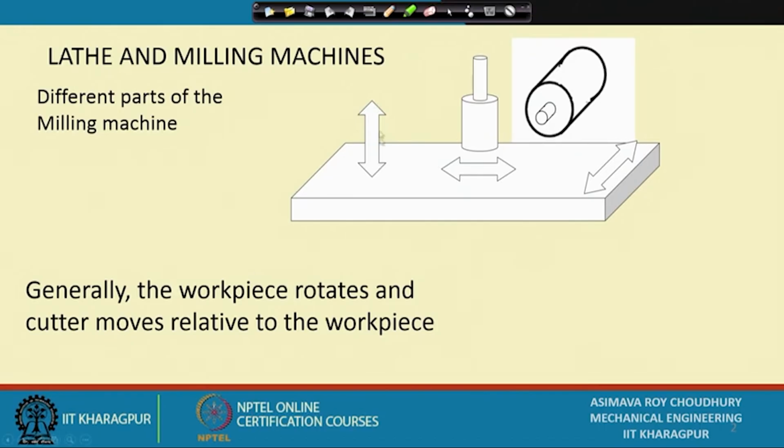The table can move up and down, vertically, and assuming the table to be horizontal, it can move sideways. This is the longitudinal motion, and it can also move transverse, cross, towards the operator or away from the operator.